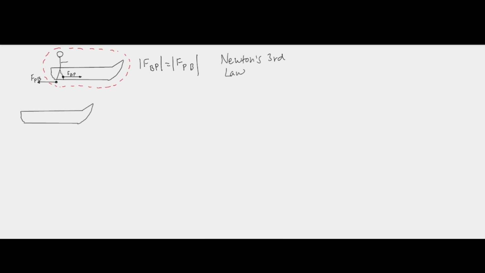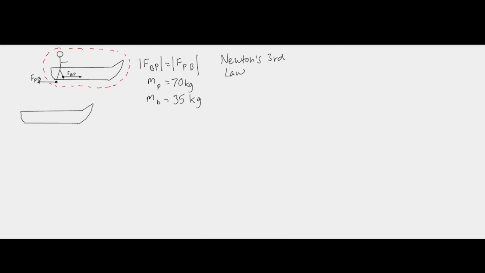So the person starts walking forward, and, well, what's going to happen? They're going to start accelerating. And let's give these two objects, the person and the boat, some masses. Let's give this person 70 kilogram mass, and let's say that the mass of the boat is half of that, so 35 kilograms.